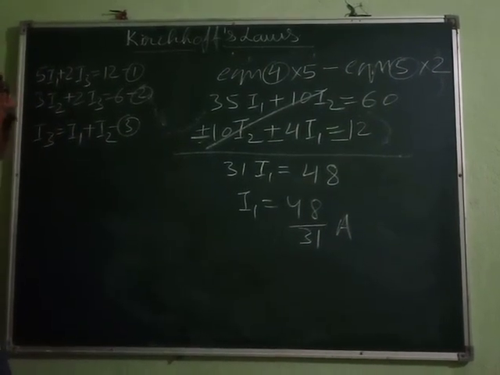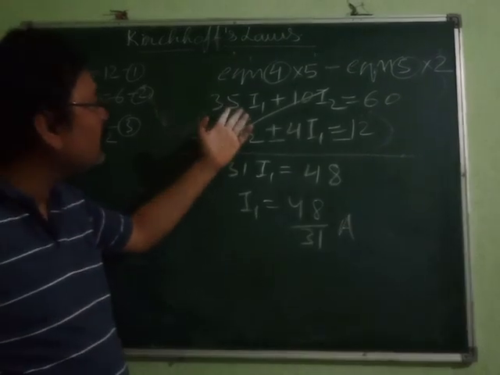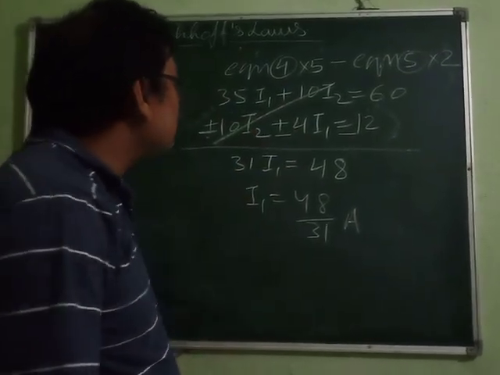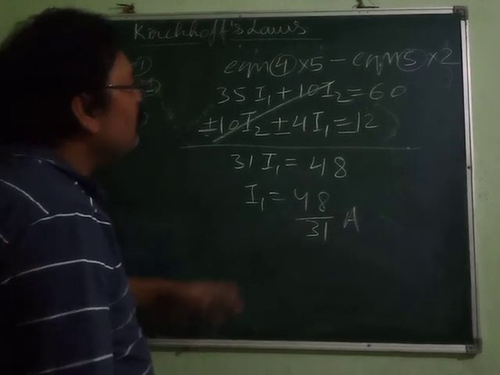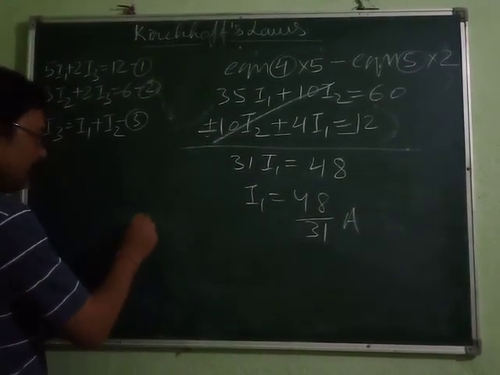Now in the same way we can get I2 by placing this in any one of them, whichever you want. Suppose we are going to place it in equation number 5.